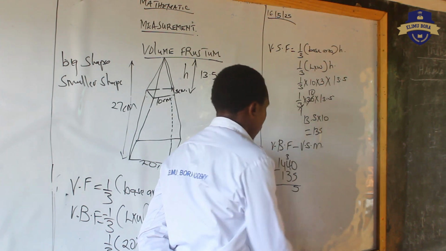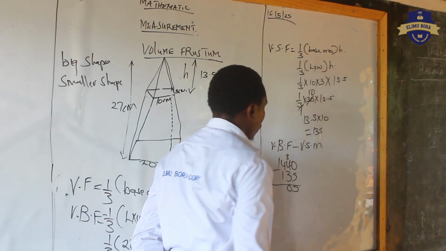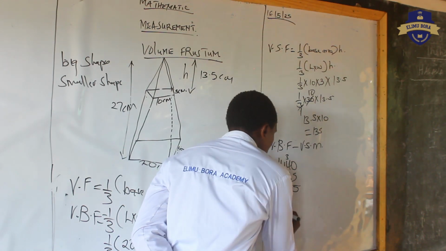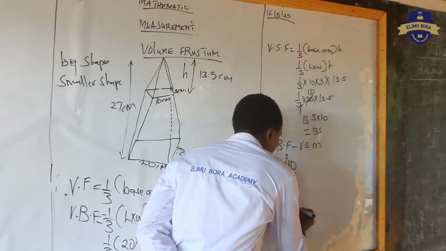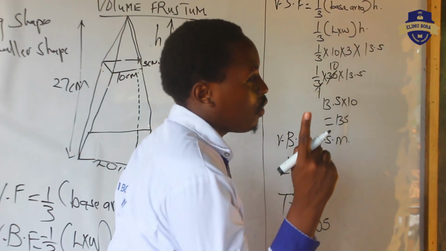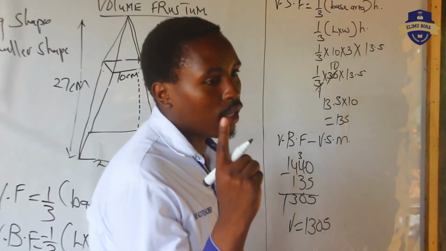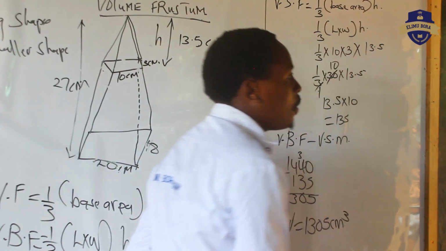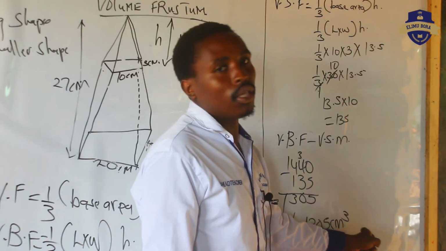Here we remain with 3. 3 minus 3, 0. Then 4 minus 1, 3. Then there we have 1. So the remaining frustum is 1,305. But remember, it is what? Centimeters cubed. Volume is always in cubic form.